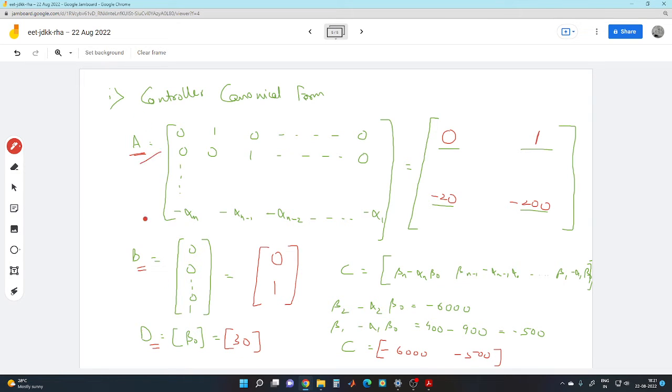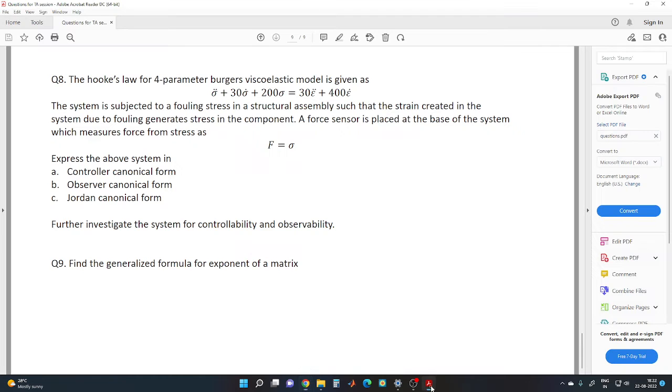So we have found A, B, C, and D. This is the controller canonical form because the controller matrix is of this form. Then we have this observer canonical form. So for observer canonical form, in the second part, if you remember, we had to do the observer canonical form.